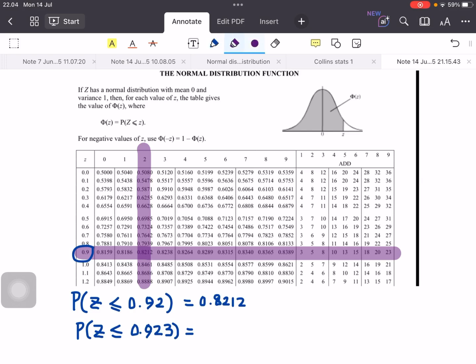But now you just need to add it to the last digit of this one. So it will be 0.8212 plus 8, but the 8 is added to the last digit. The answer will be 0.8220. So it's very simple.